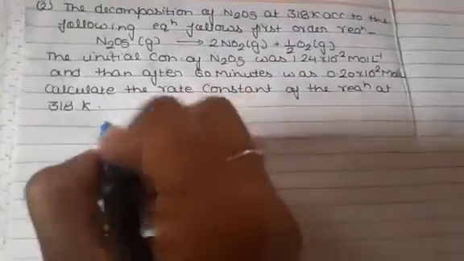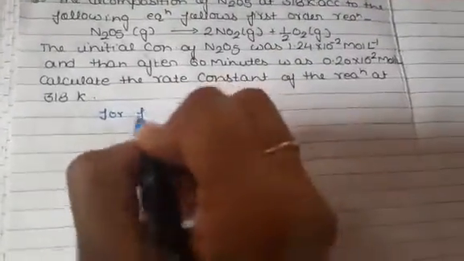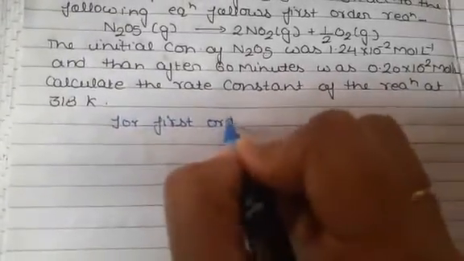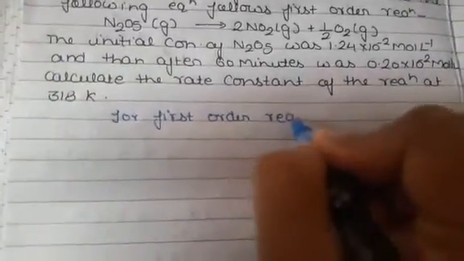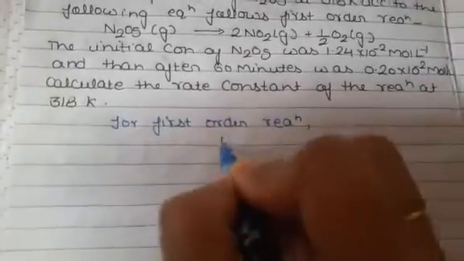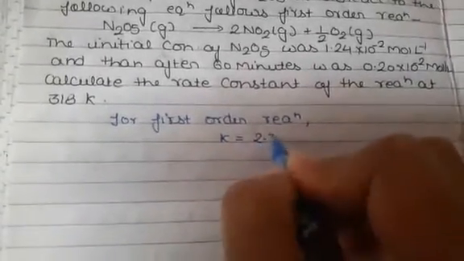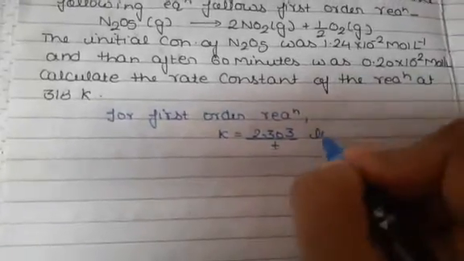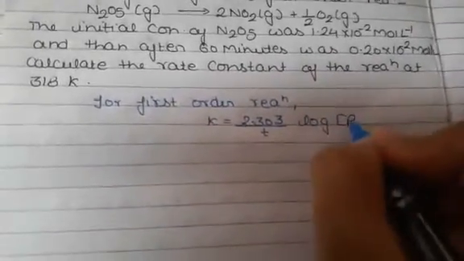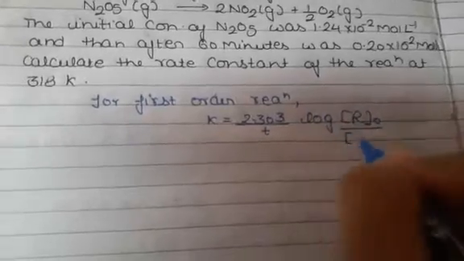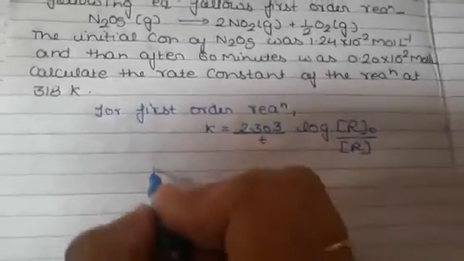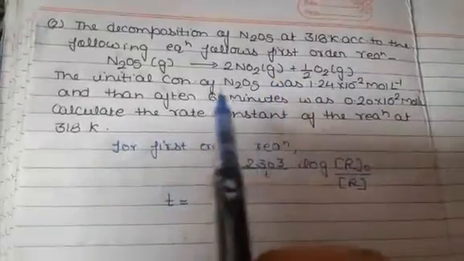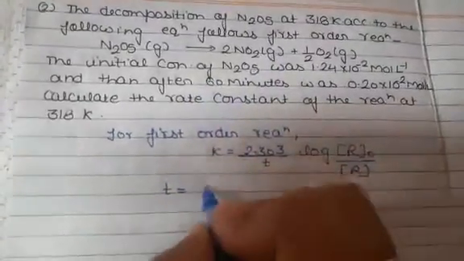So students, we know that for first order reaction, K equals 2.303 upon T log R naught upon R. Okay, students, so here time equals 60 minutes.